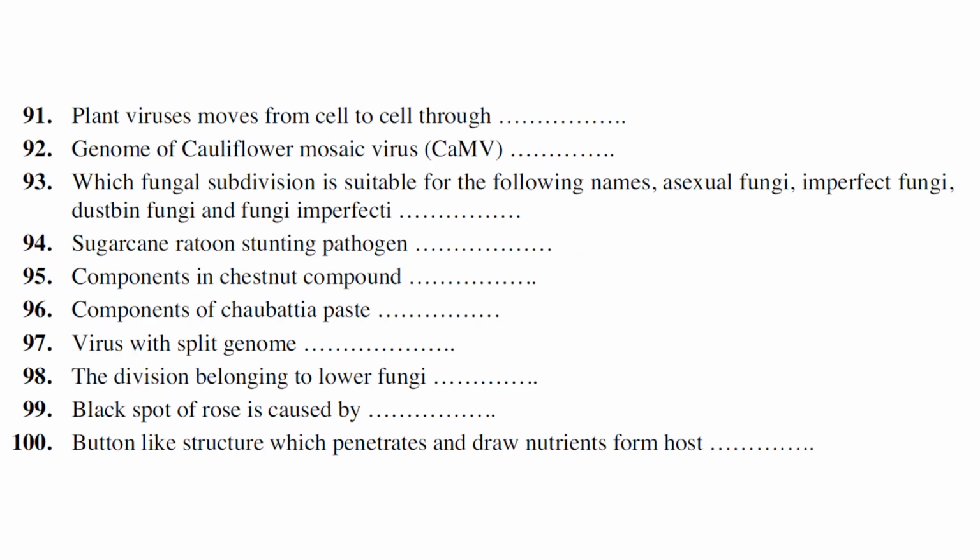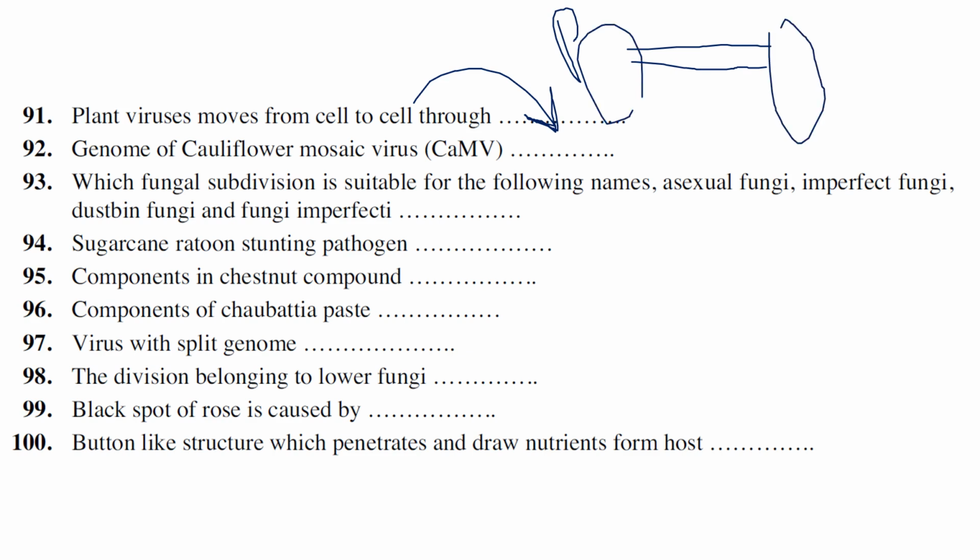plant viruses move from cell to cell through plasmodesmata. Imagine this is a plant cell. The virus is entering the plant cell, but the virus is bigger than the plasmodesmata, and still the virus manages to move through, because the virus produces a protein called movement protein, which helps it go through the plasmodesmata.